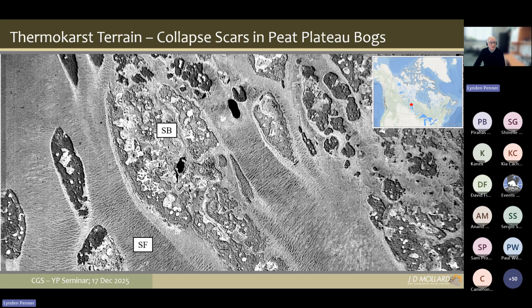So permafrost remains within that bog, and SF is for string fen, and so no permafrost within the string fen because you've got an active groundwater gradient, active movement of water that's above zero, and so there's no opportunity for permafrost to form in that type of landform.